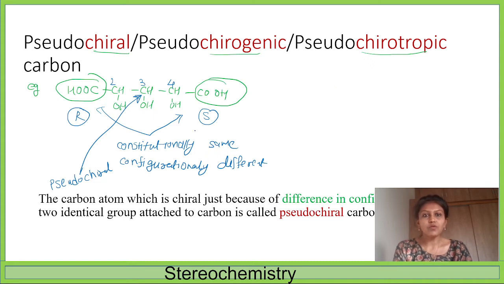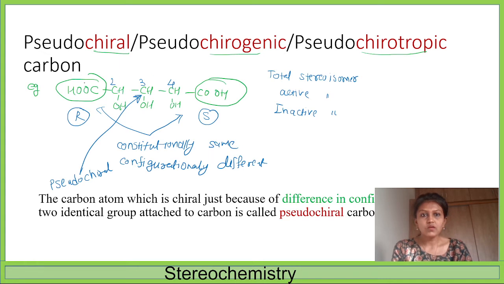Now I will draw the number of stereoisomers over here. In the previous lecture I explained this molecule, in which we find the total number of stereoisomers, optically active stereoisomers and optically inactive stereoisomers.